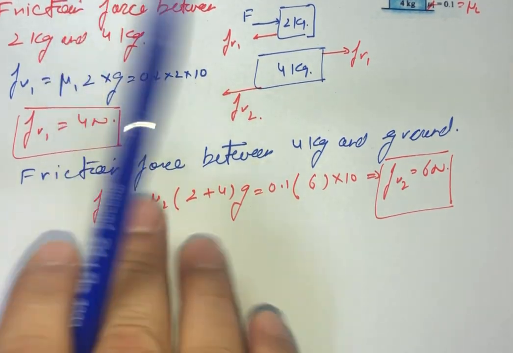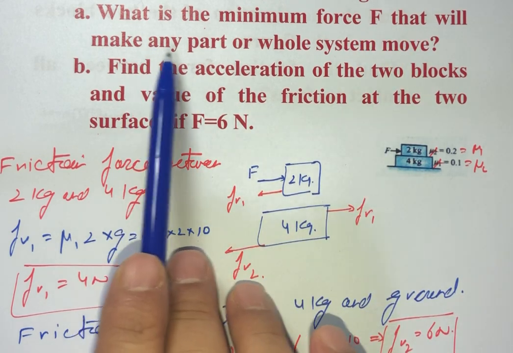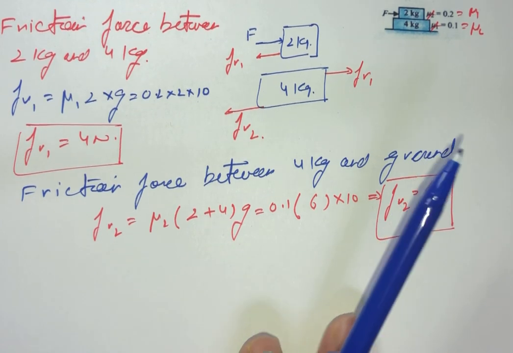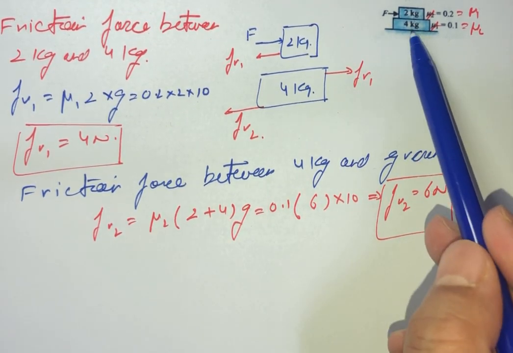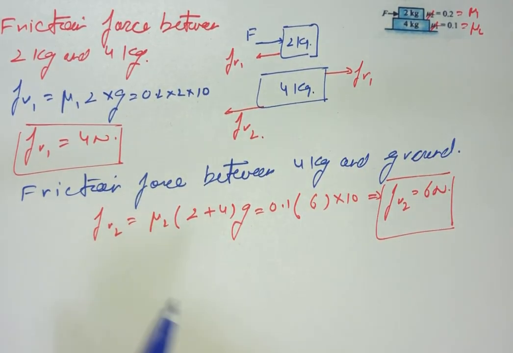So in the A part, it is asked what is the minimum force F that will make any part or whole system move. So let us find out whether these blocks 2 kg and 4 kg will move together or they will be moving separately.